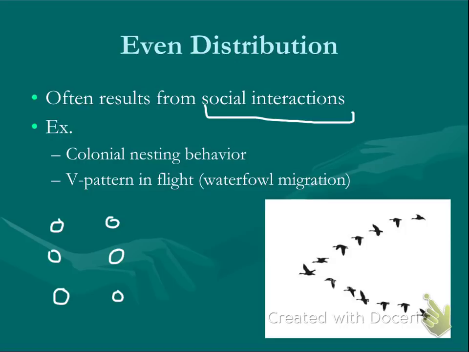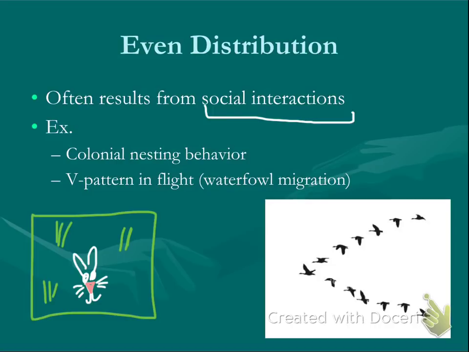We also see this temporarily in things like V patterns in flight of waterfowl that are migrating. But very often the even distribution results from a social interaction, such as making sure that there's space enough between nests, or one individual who's guarding their territory and keeping everyone else out.